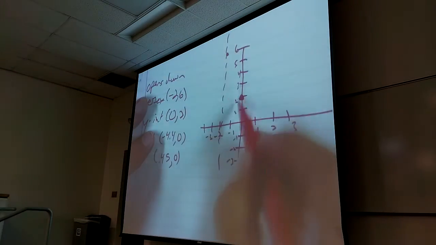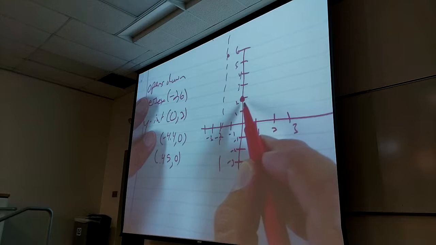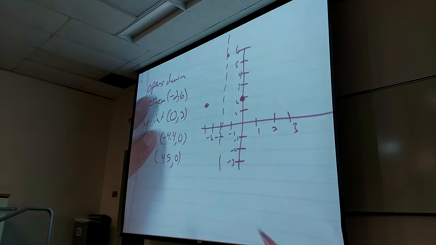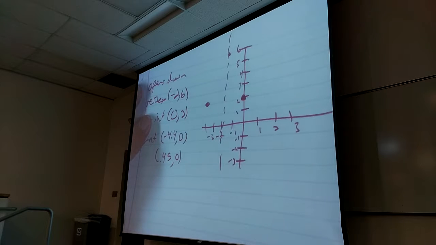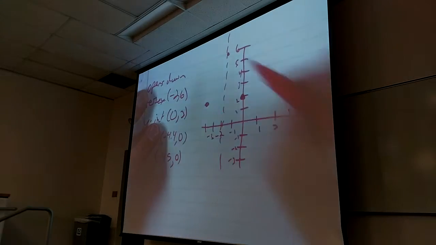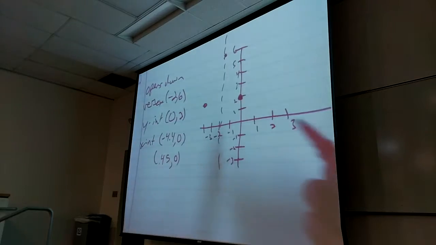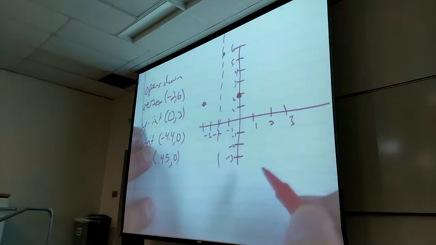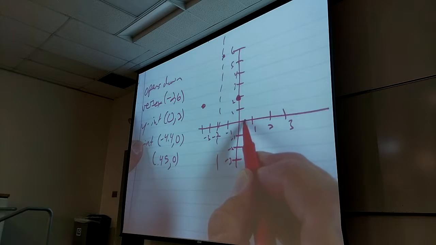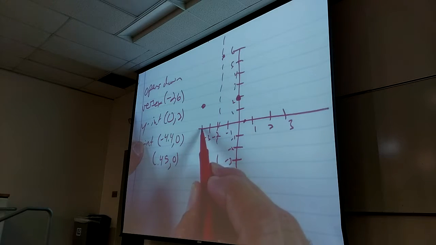So there's got to be another point then: -4, 2. It's got to be a mirror image point over there, because that axis of symmetry is a mirror. Every parabola is perfectly symmetric. And if we just want to estimate the x-intercepts, they're supposed to be at about 0.45 and negative 4.4, so roughly there.